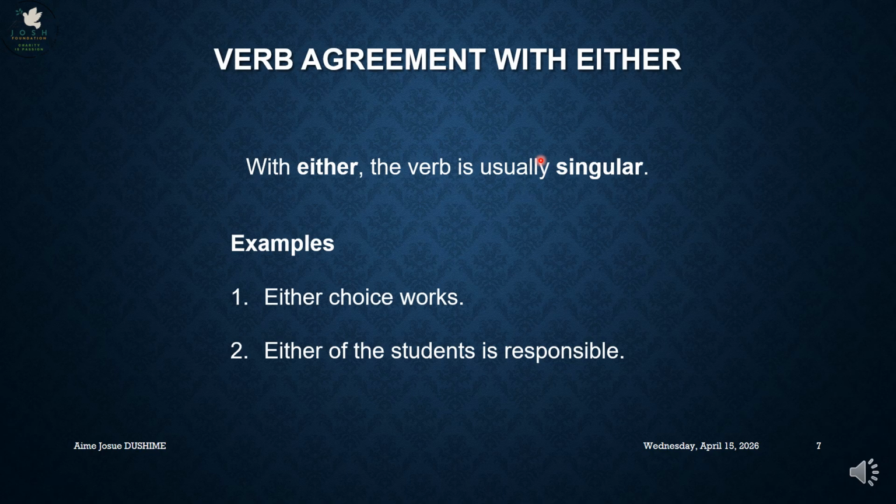Remember s or es. Here we have either choice works. Either of the students is responsible. When we put it in a singular form, you should know that it should have s on it. Either choice works.